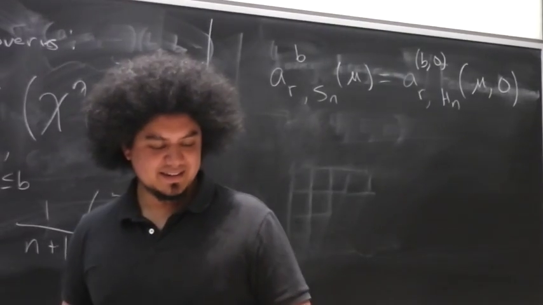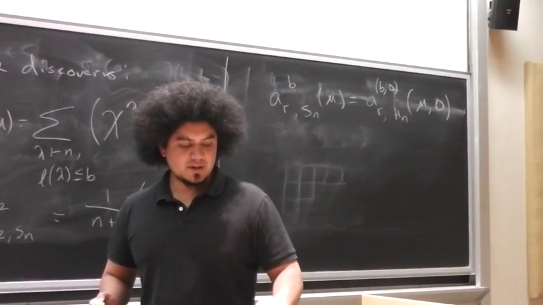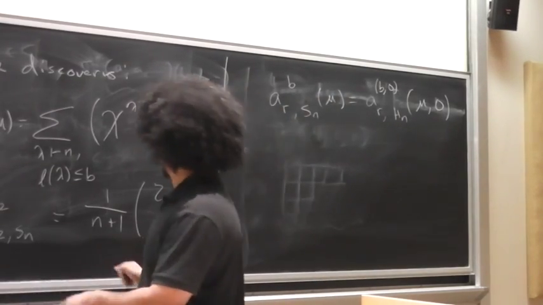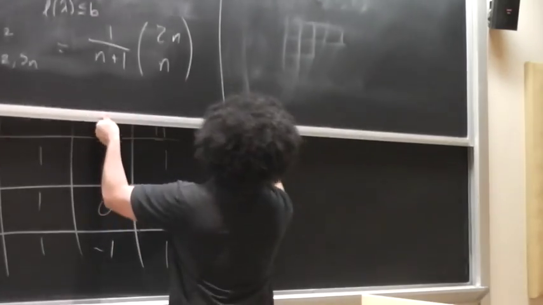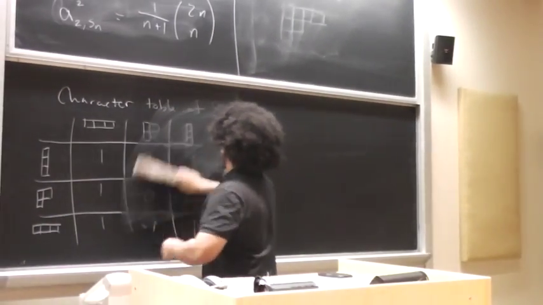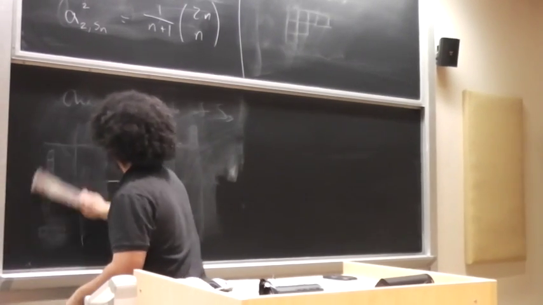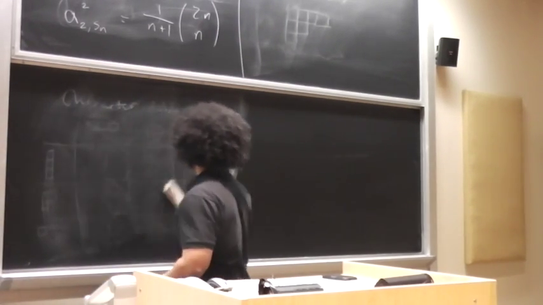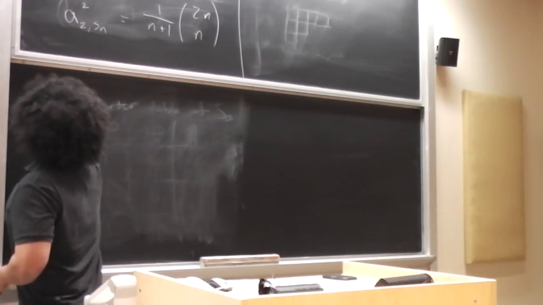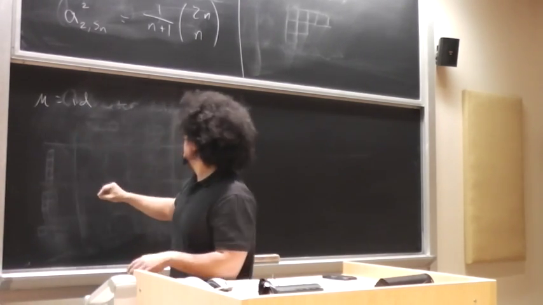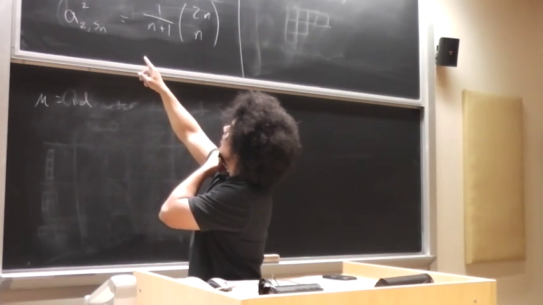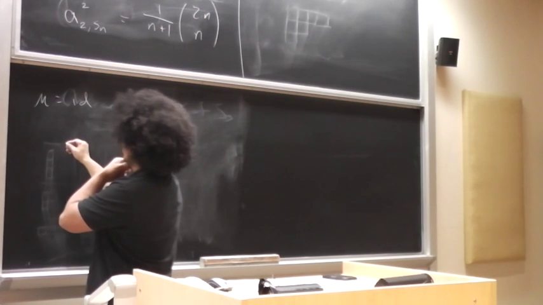My time's running out. So in general, let's say we have the following matrix. So here. So if we fix mu to be identity, we'll fix R, and we'll consider the bounds.